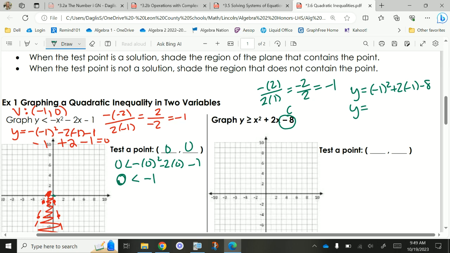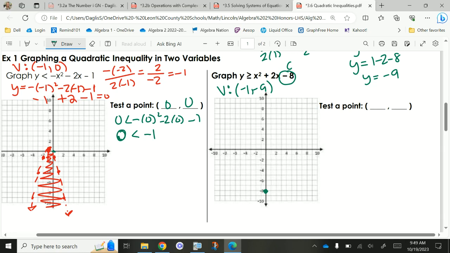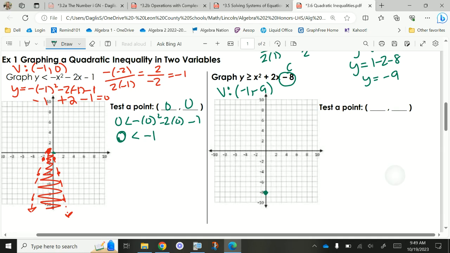So that's 1 minus 2 minus 8, which gives me negative 9. So our vertex is at the point negative 1, negative 9. I thought it'd be negative 11. Oh, never mind. Okay. So there's my vertex.